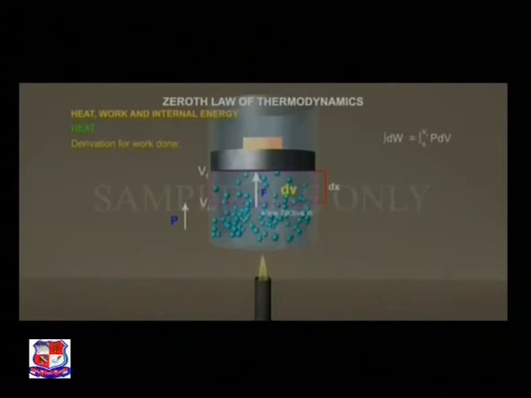Integration of dW is equal to integration of P dV from Vi to Vf, or W is equal to P times integration of dV from Vi to Vf, or W is equal to P into V from Vi to Vf, which is equal to P into (Vf minus Vi).